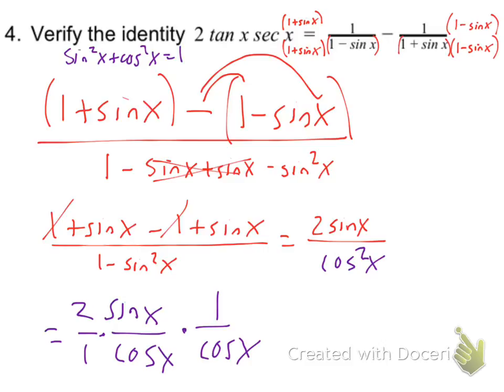You just cross the top, cross the bottom. So isn't 2 times sine of x times 1 2 sine of x? Yeah. Isn't 1 times cosine x times cosine x cosine squared x? Yeah. 2 divided by 1 is? 2. Sine over cosine is? 1 over cosine is?